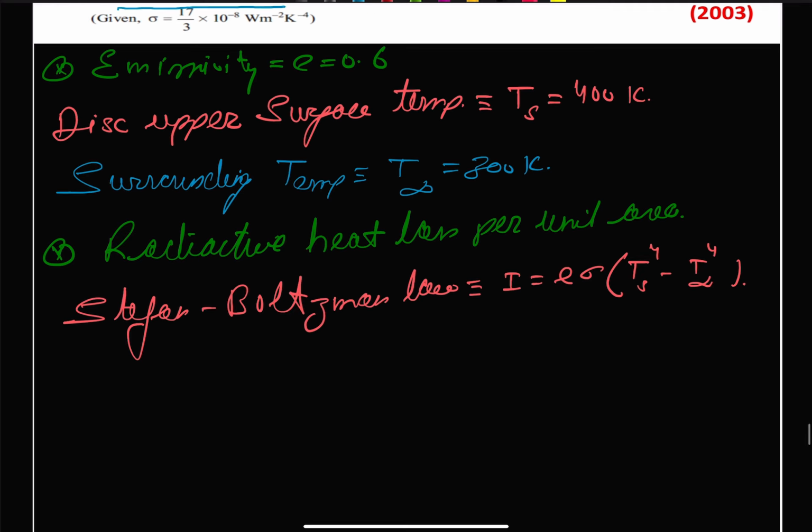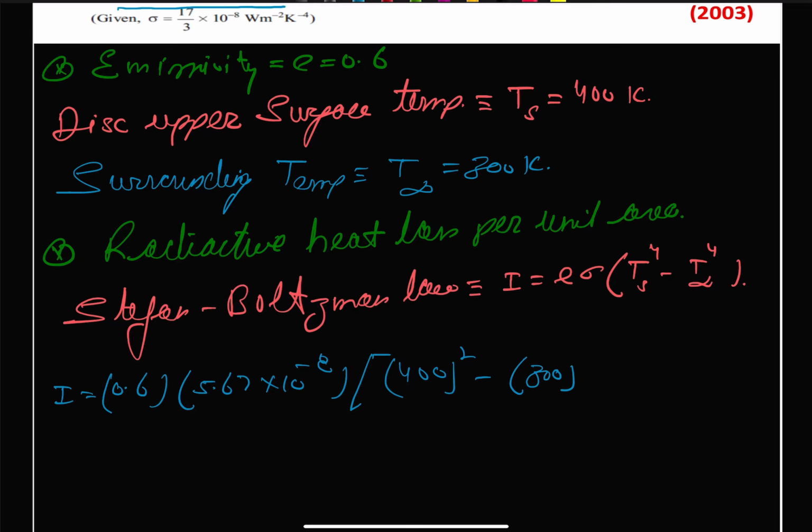So we get I equal to emissivity 0.6, and sigma, the Stefan-Boltzmann constant, is 5.67 times 10 to the power minus 8, and the temperature of the surface is 400, so 400 to the power 4 minus 300 to the power 4.